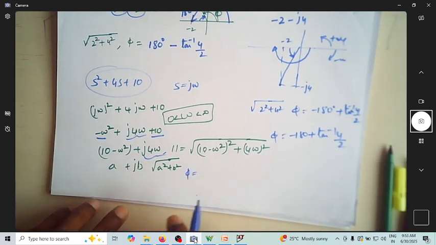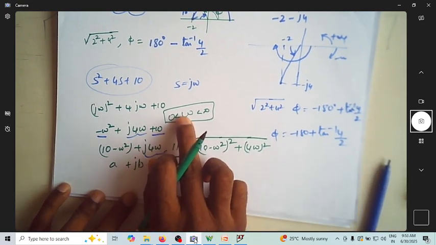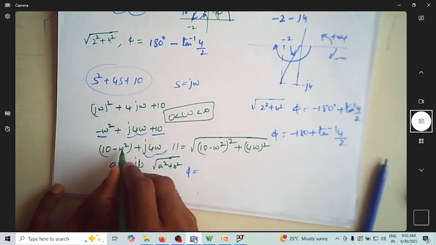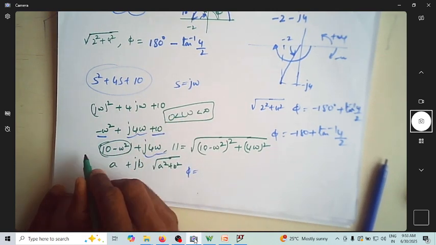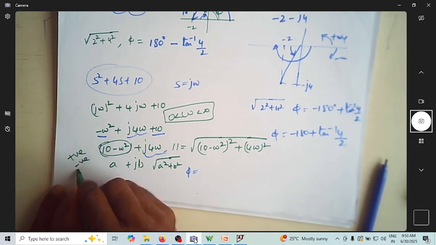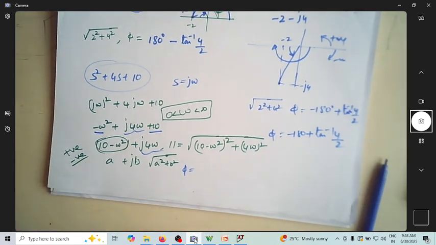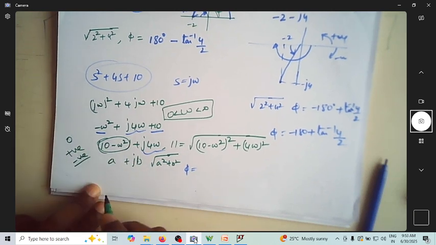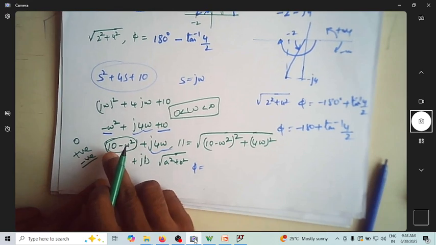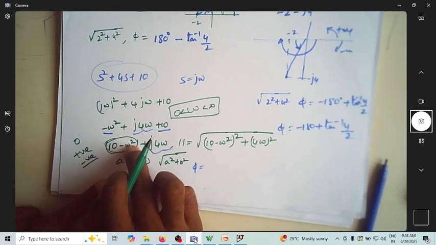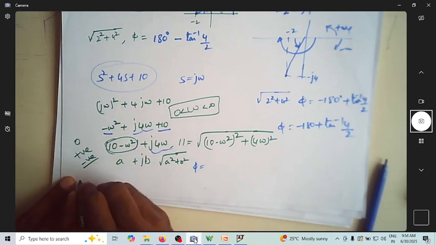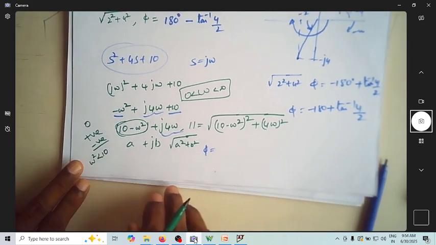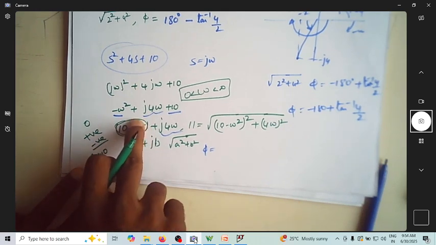Phase angle, see now, because omega is ranging from greater than 0 to less than infinity, this quantity can be positive as well as negative. So when does this quantity become positive, negative, or zero?